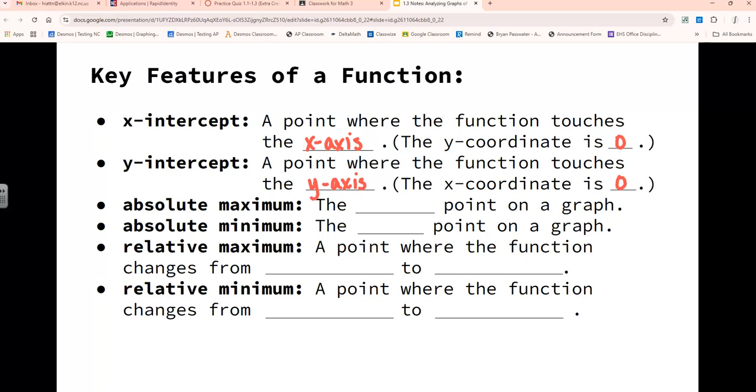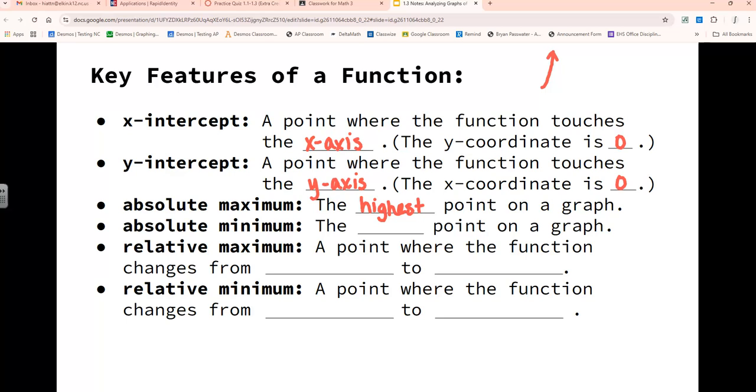We also are going to talk just a little bit about absolute maximums and minimums and relative maximums and minimums. So your absolute maximum is going to be the absolute highest point on a graph. When you're looking for that, you just look, what is the highest? Now, if you have a graph that has an arrow that goes up on the ends, is it going to have an absolute maximum?